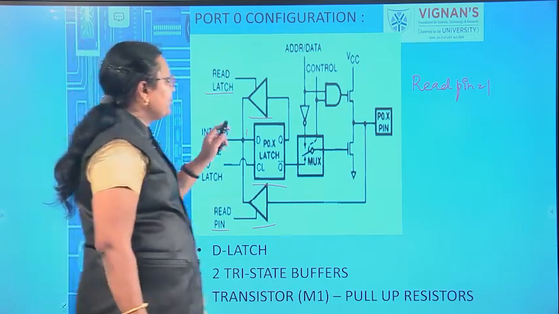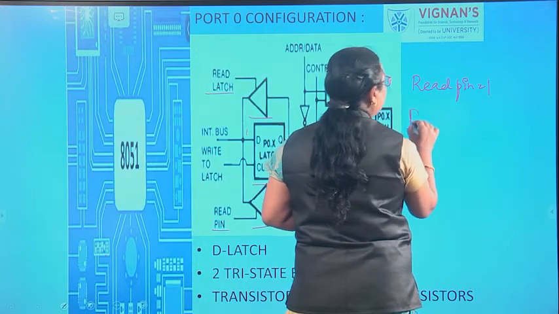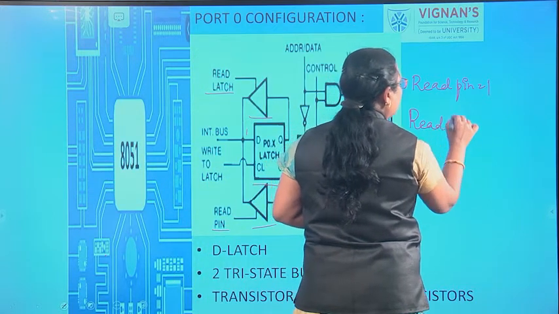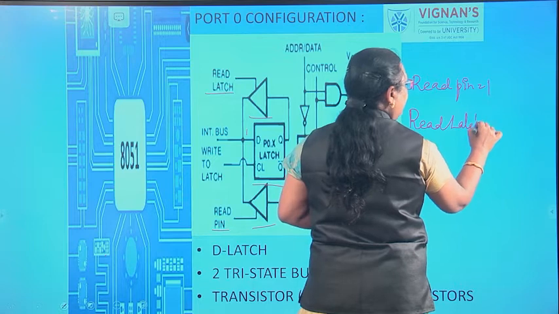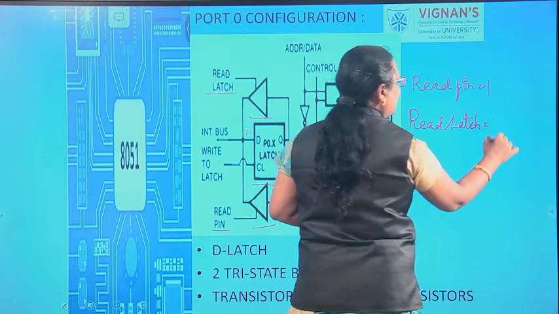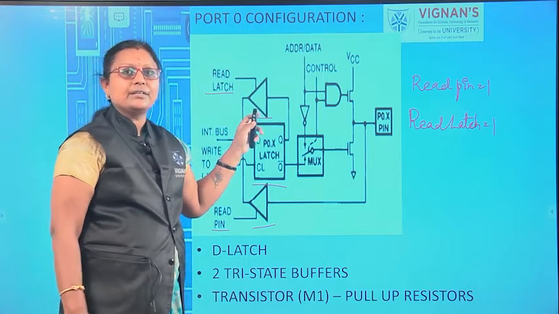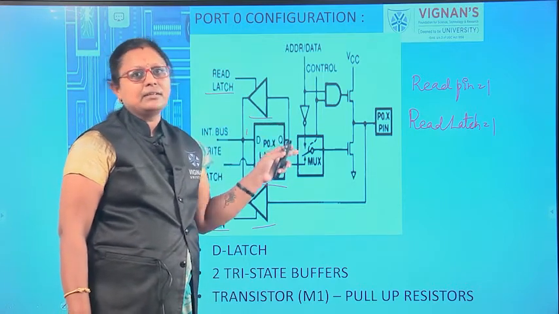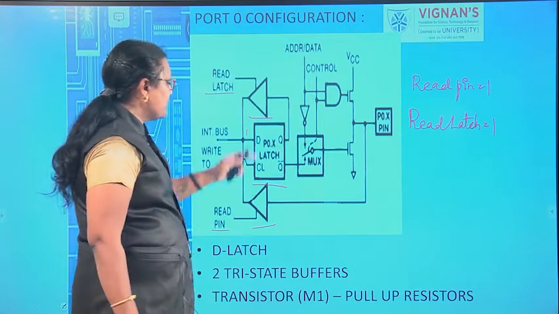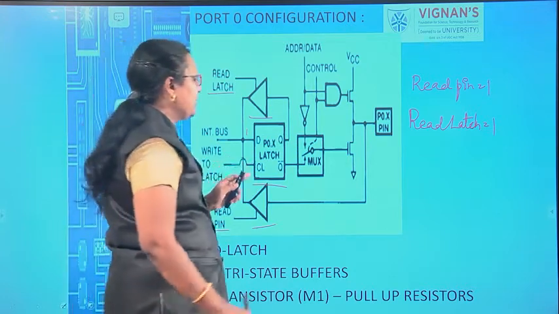And if the read latch is equal to 1, then buffer 2 starts to read the data present at the internal latch. Clear? That is the purpose of these 2 buffers present here.